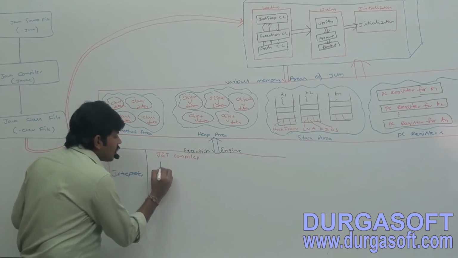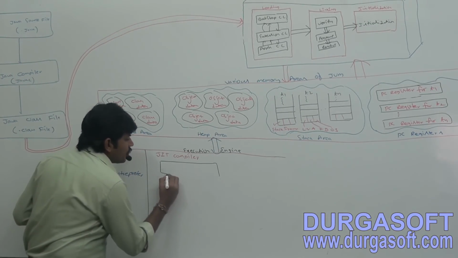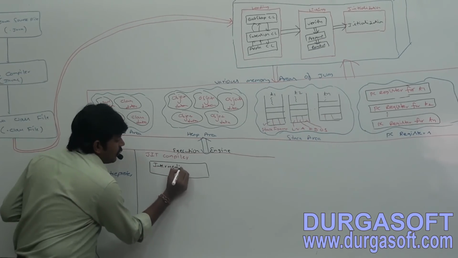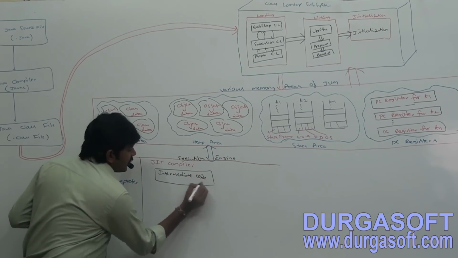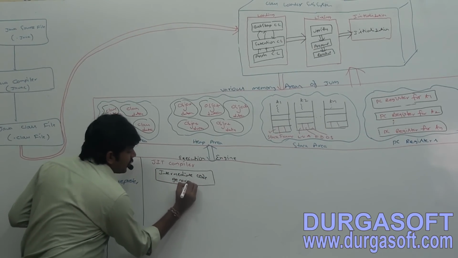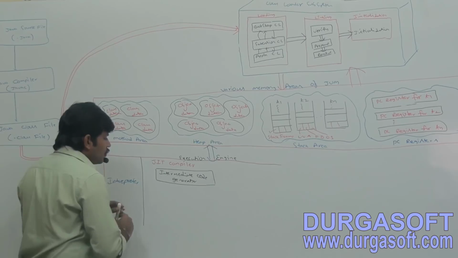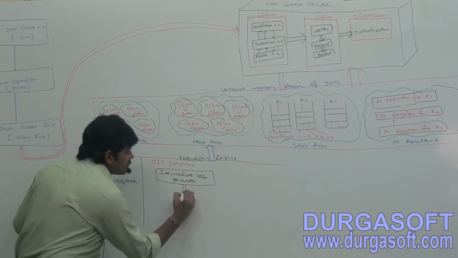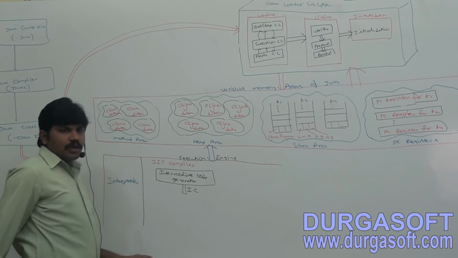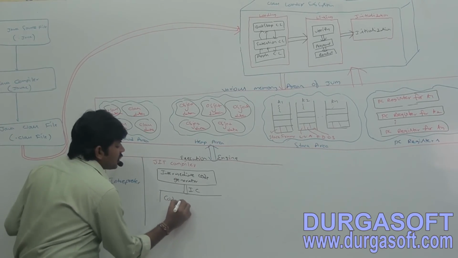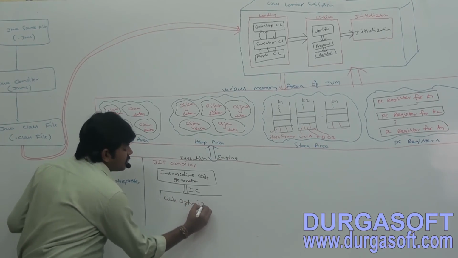The first component is the intermediate code generator, which produces intermediate code. Now the code optimizer is responsible to optimize that code.